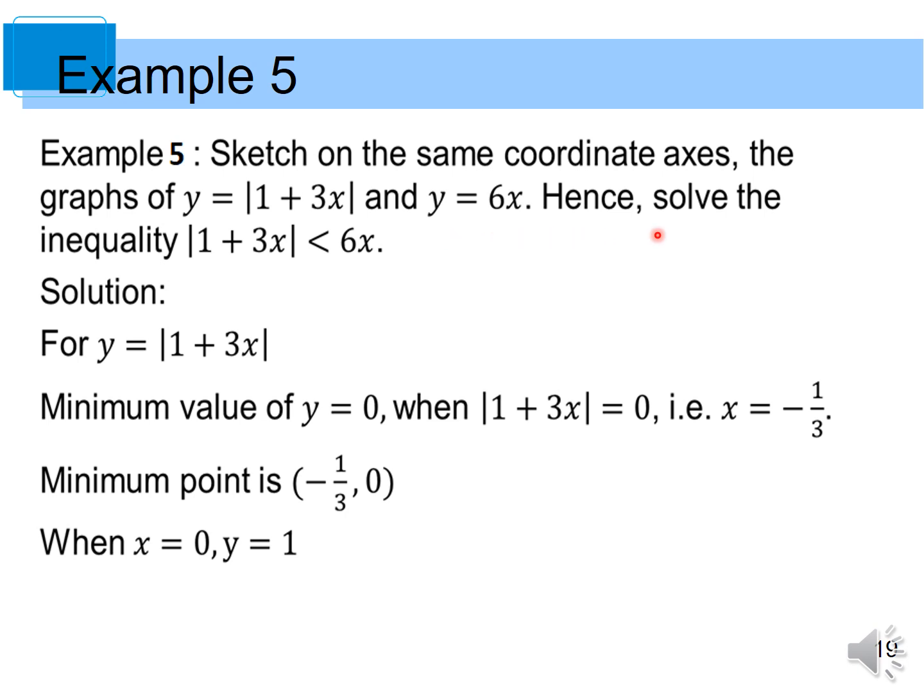And then solve the inequality modulus of 1 plus 3x less than 6x. Sketch the modulus function and linear function. Based on the first chapter, first section method, you construct a table, then you sketch. And you know that the modulus function will produce a V shape.